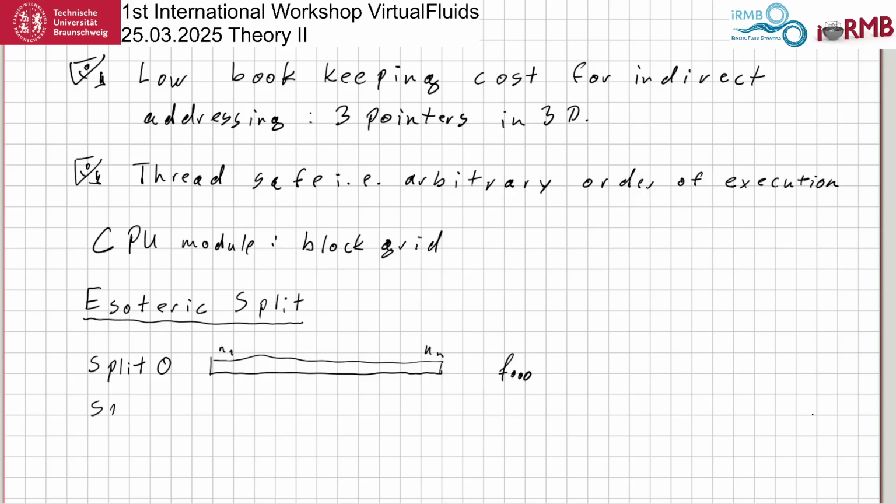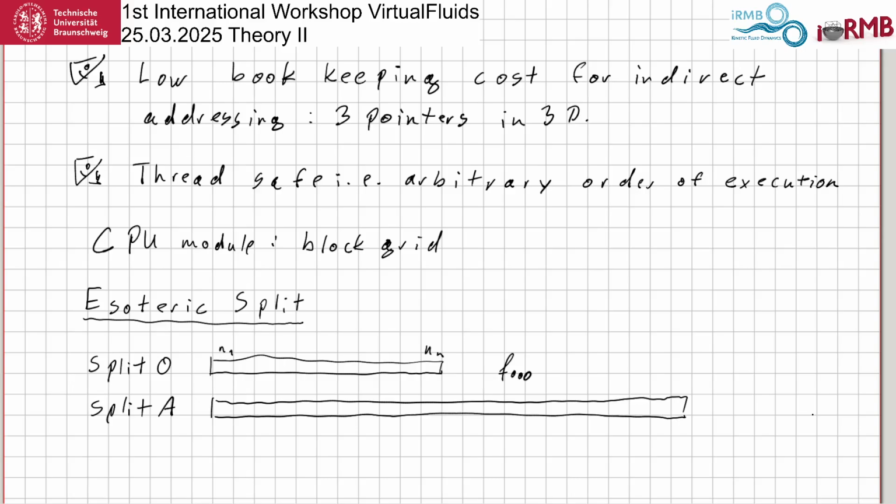Then we have a split A. The split A needs 13 times more data, because we have stored together, and the idea with storing together is that the processor that is dealing with one lattice node should read as much data together as possible.